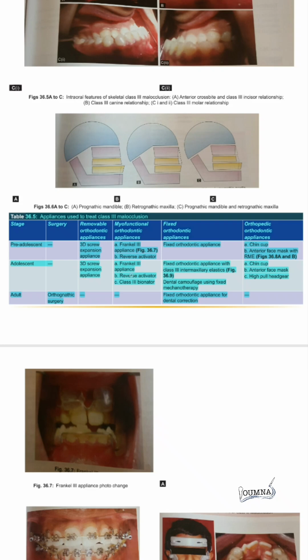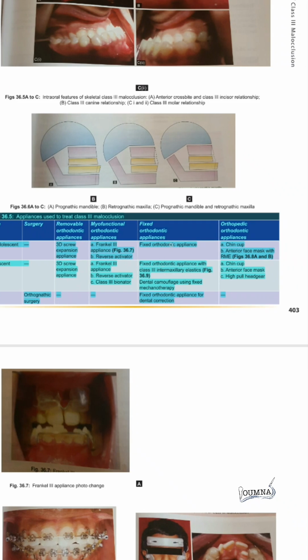We can also use some myofunctional orthodontic appliances like the Frankel 3 or the reverse activator, also the class 3 bionator.